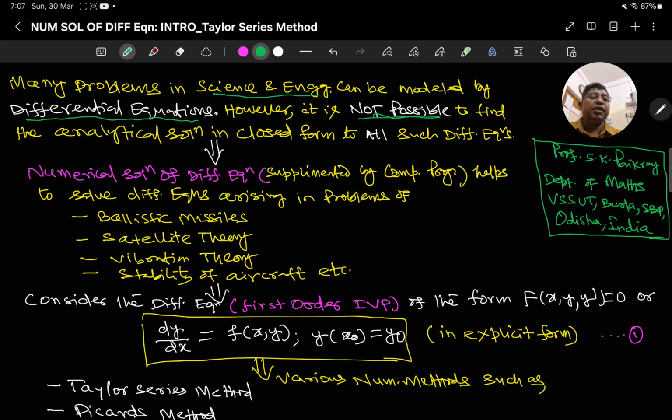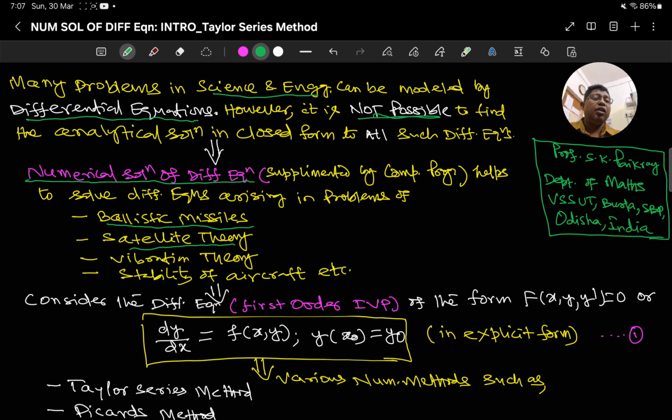For example, complicated situations like ballistic missiles, satellite theory, vibration theory, bending of beam, electric networks, electric circuits, etc. Here the differential equations are formed and we do not have an analytical solution, so we use the numerical solution to overcome such difficult cases.